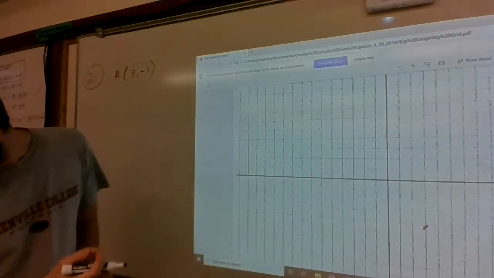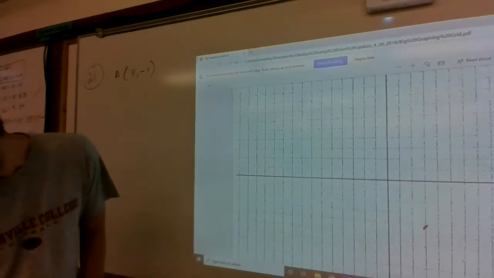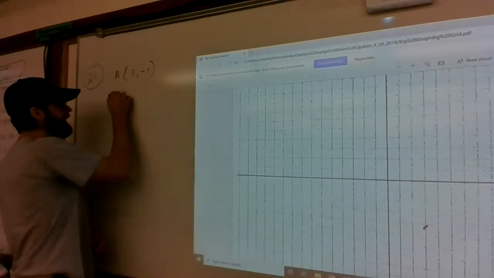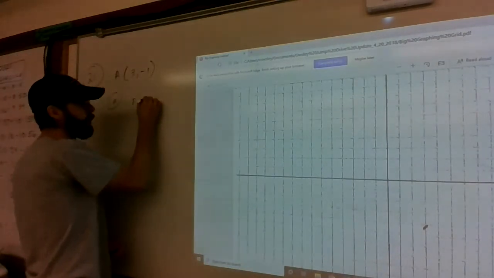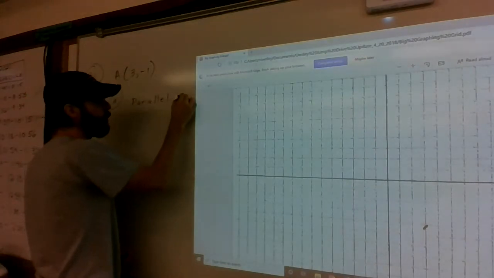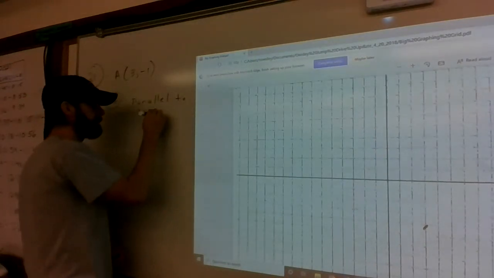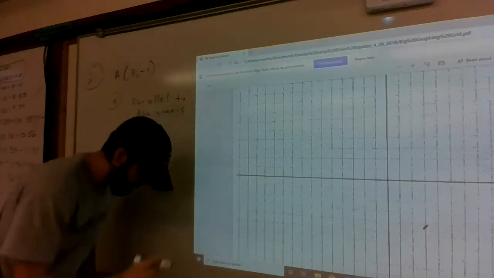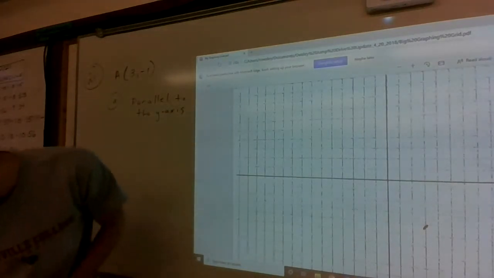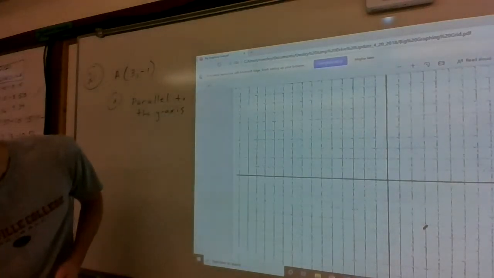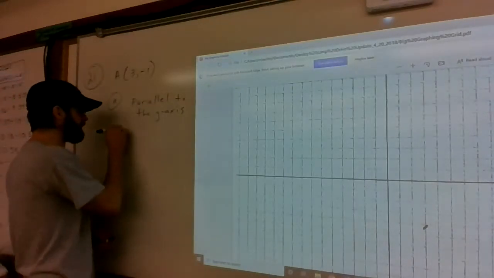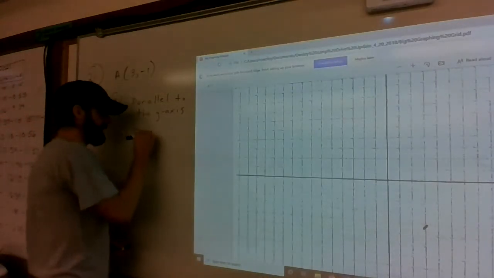So they give us the point (3, -1), and they're saying give us the equation of a line that's parallel to the y-axis, and one that's perpendicular to the x-axis.